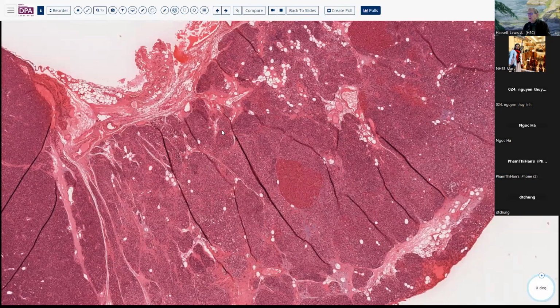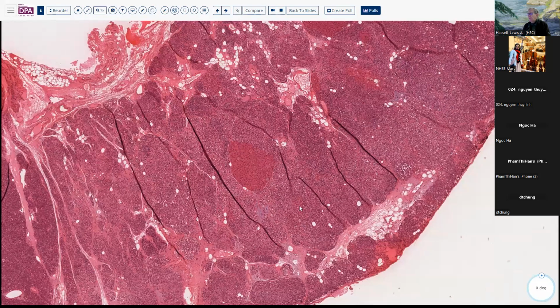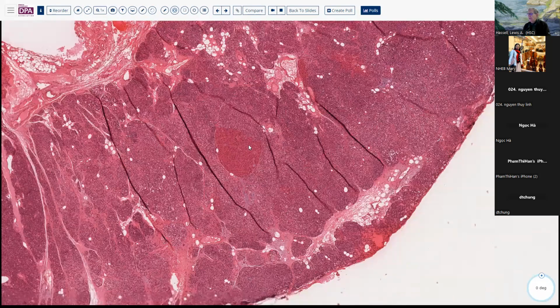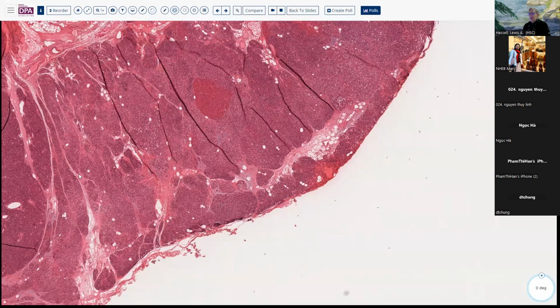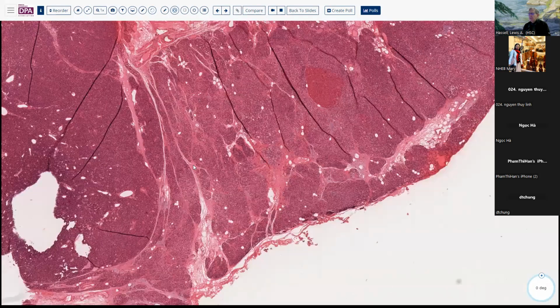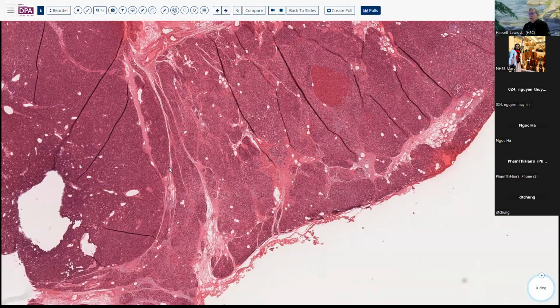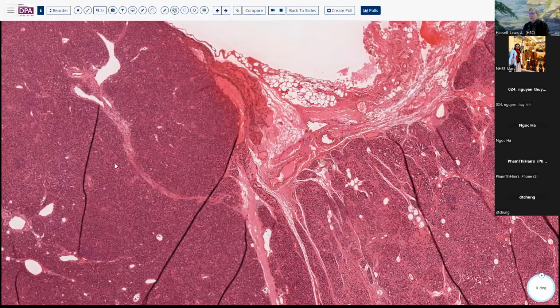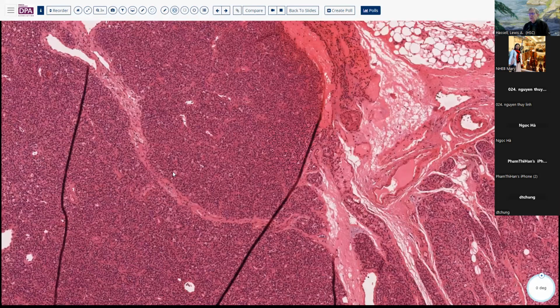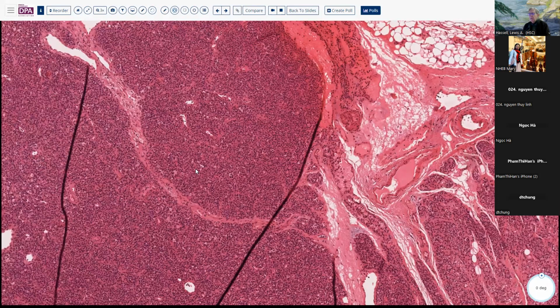You can see this is very cellular, very little fat remaining in this gland, just a little bit here. But with just one gland, it can be virtually impossible to distinguish an adenoma from hyperplasia. And so when you get a frozen section on something like this, you just say, hypercellular parathyroid tissue.